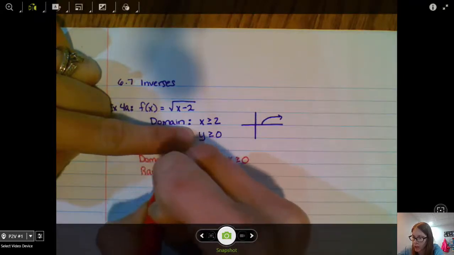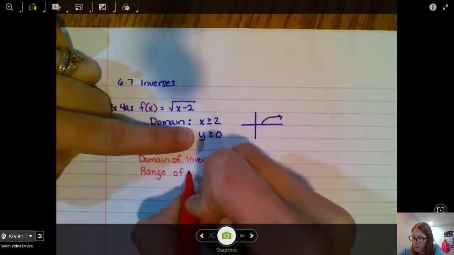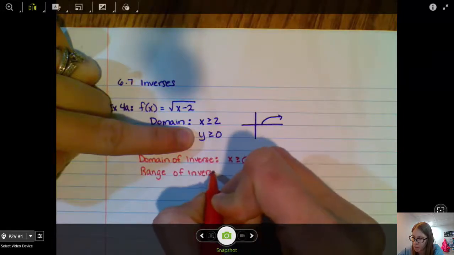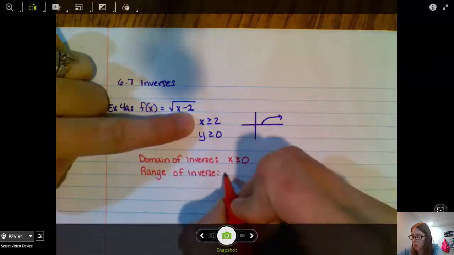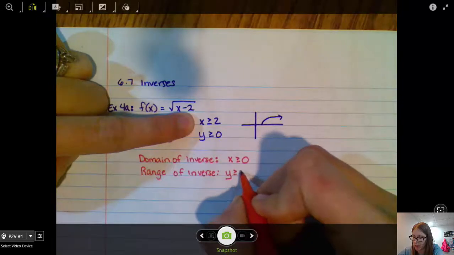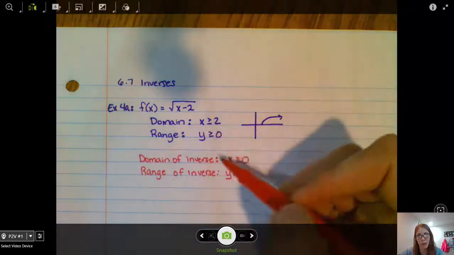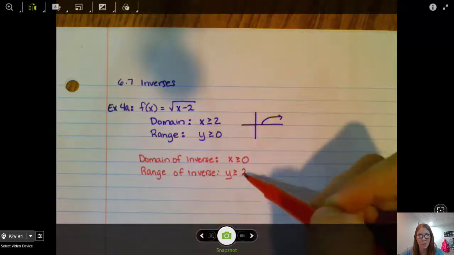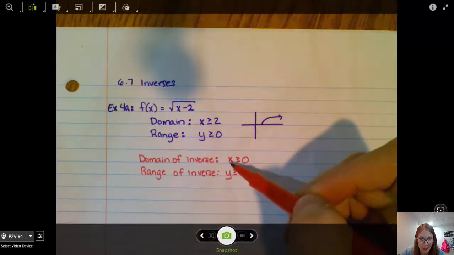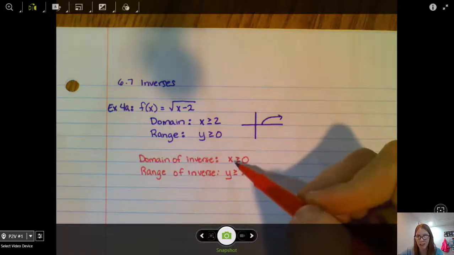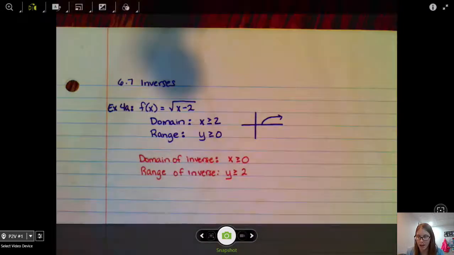And the range of the inverse will be y greater than or equal to 2. Okay, so again, the x's and y's, the domain and range switch, but domain still talks about x values. Okay, so this has to be x greater than or equal to 0, y greater than or equal to 2.